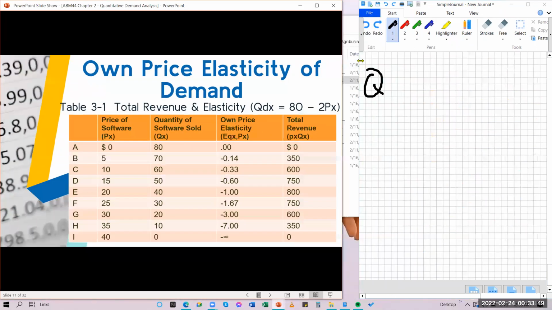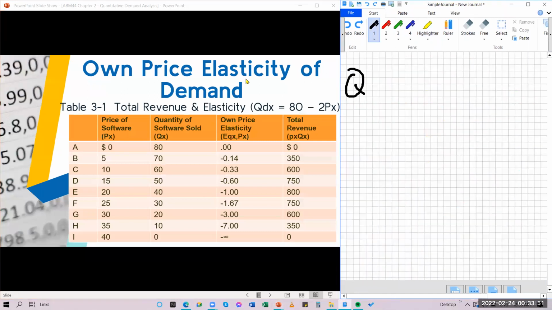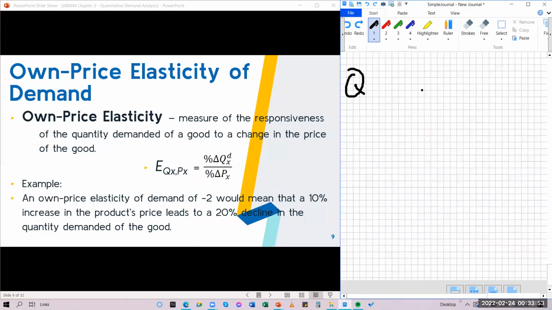I hope you can still see it clearly. So, let's use this formula. We have the quantity demanded of the good, beer, as our example.